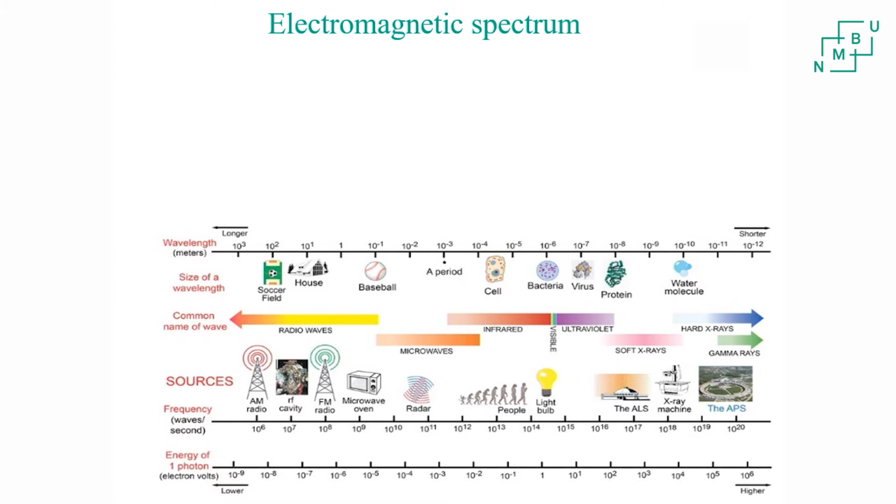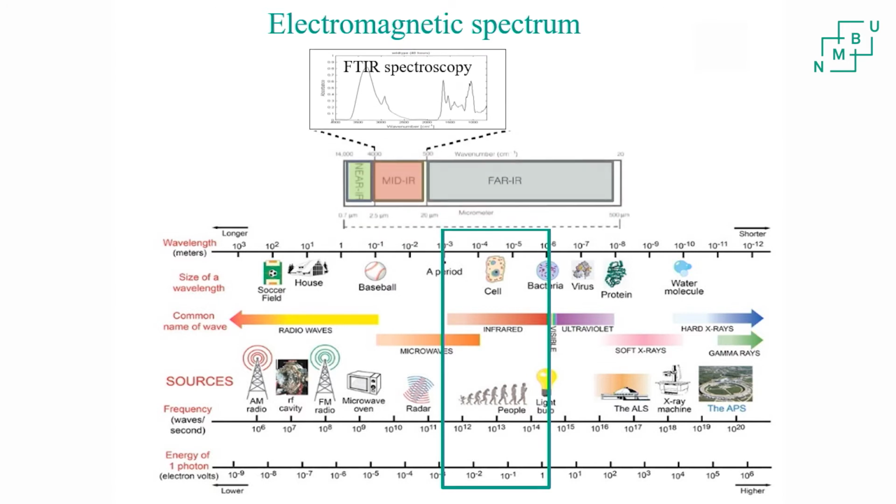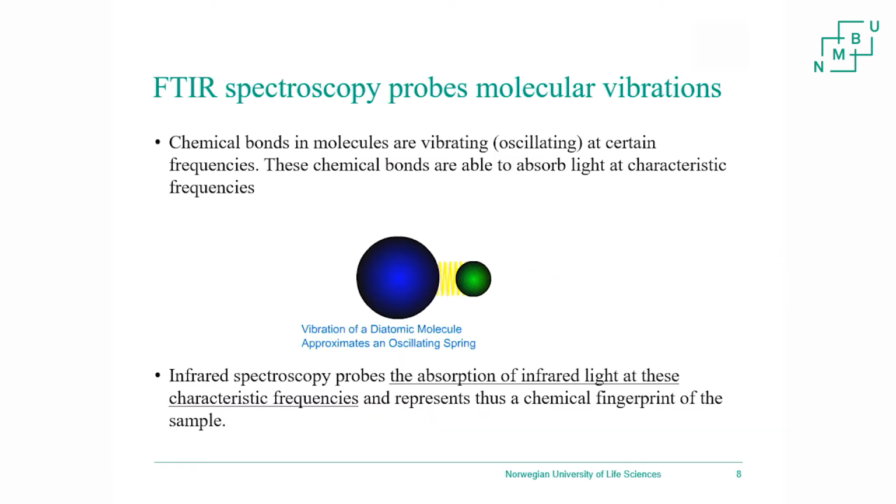When we look at the electromagnetic spectrum, Fourier transform infrared spectroscopy uses the infrared region of the electromagnetic spectrum, and to be more specific, it lies in the mid-infrared region. When we are analyzing our sample in FTIR spectroscopy, we are probing molecular vibrations. That's actually going back to the chemical bonds.